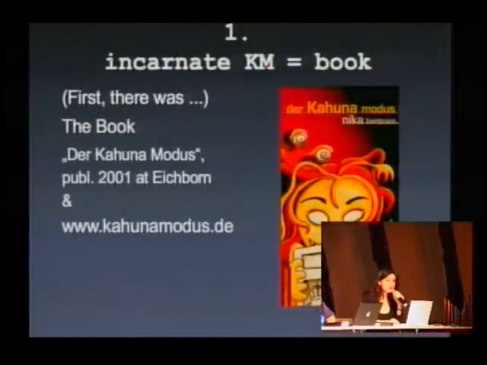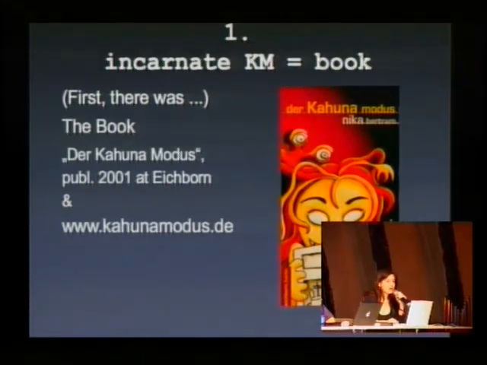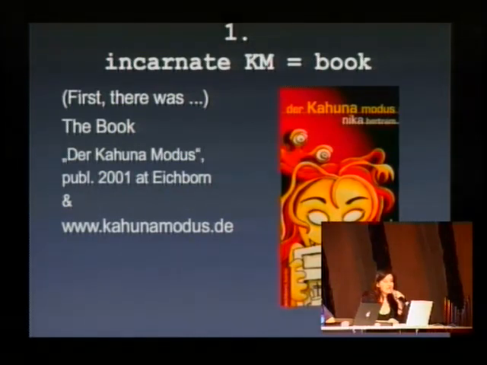Well, let's start. First, of course, there was the book. A novel written or published in 2001 at Eichborn, and you could say it's about a half-human, half-fictional comic artist who got lost in her own comic world. And because the year I got the publishing contract was 1999, the new economy craze, I also wanted to do a website, but not a simple boring one.